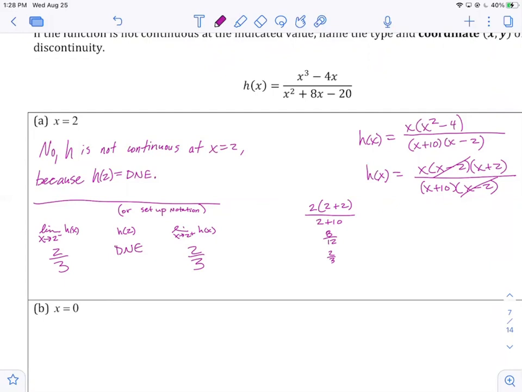Now, it's good to know if we were eventually trying to sketch this graph, I would know to put a hole at the point 2, 2/3, right? Cool. All right, letter B, is the function continuous at 0?